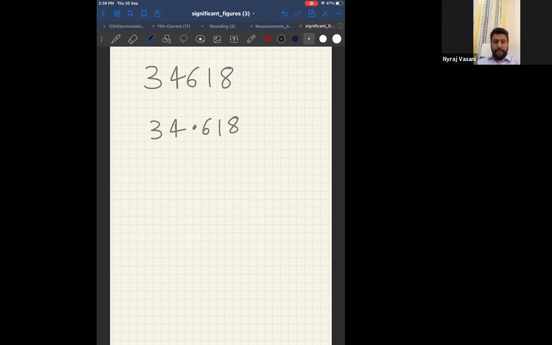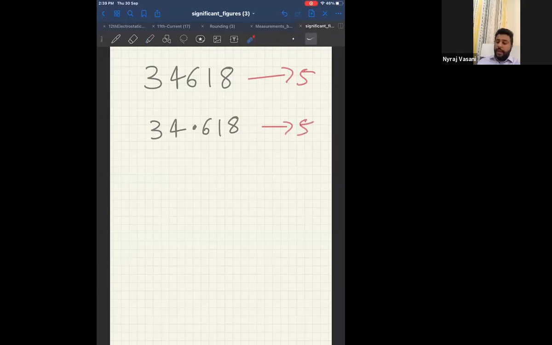Okay, how many significant figures are there in this number? Answer will be 1, 2, 3, 4, 5. Can I say having a decimal point in the number does not change whether the number is 0 or non-zero? A non-zero number will remain non-zero even if there is a decimal point. Therefore, here also the answer is 5.